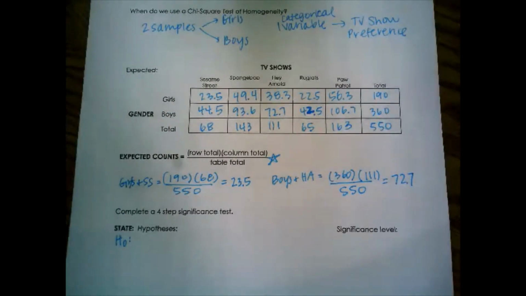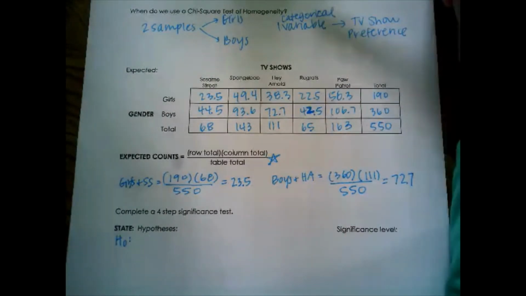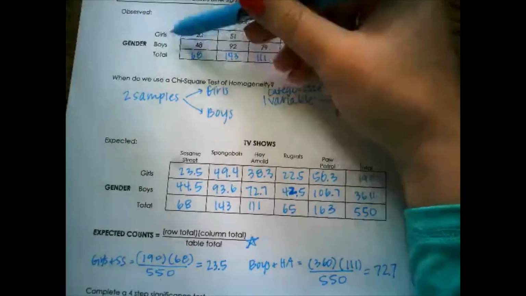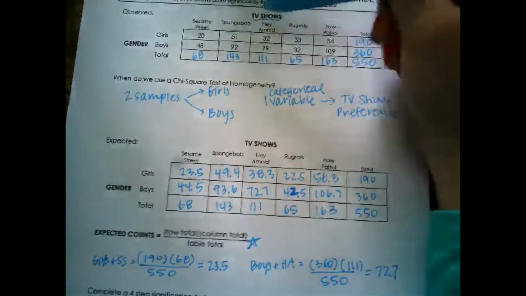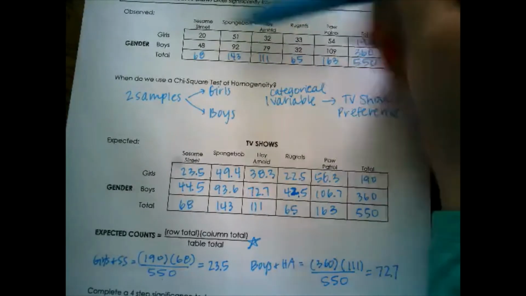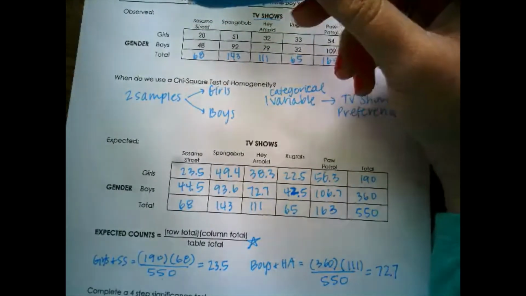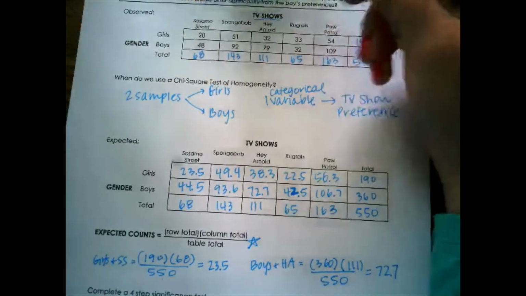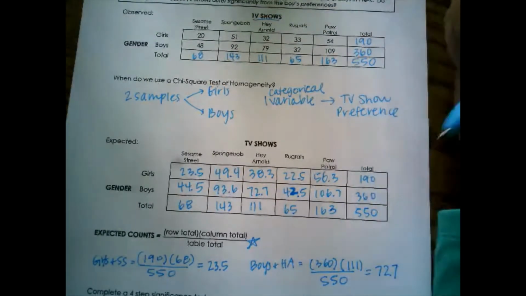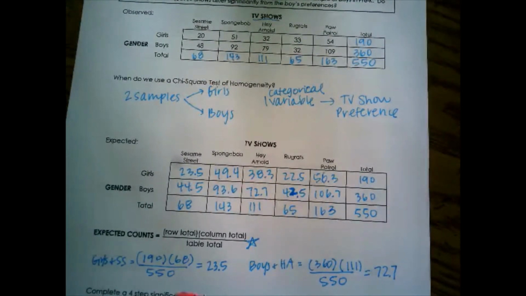So we're just assuming that the TV show preference for girls and boys is going to be the same. Or you could say there is no difference in the distributions of TV shows between boys and girls. So, again, there are a few ways to write it.